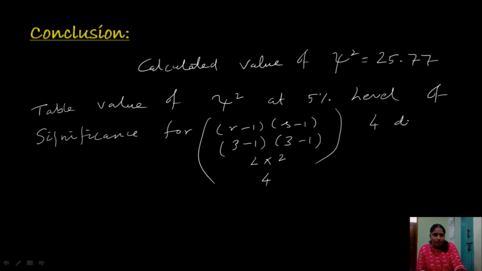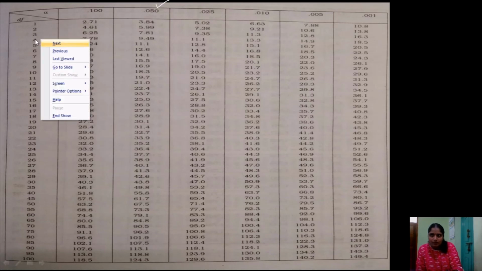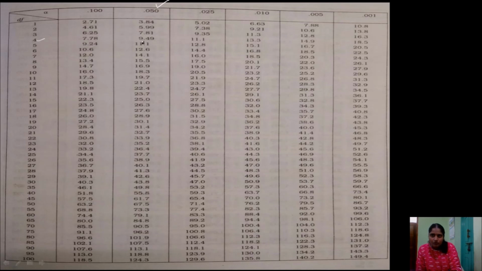So for 4 degrees of freedom, let me show you a table. For that, the level of significance 0.05 is here and the degrees of freedom is 4. So this is the value. So for 4 and 5% level of significance, we get 9.49.